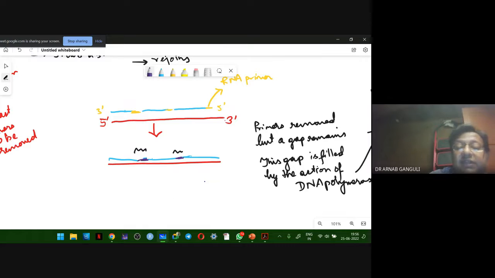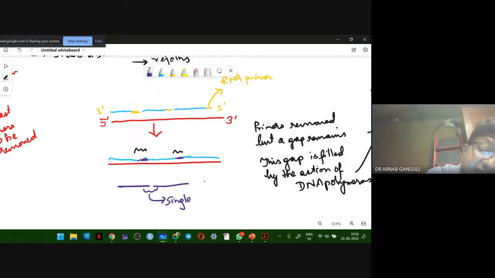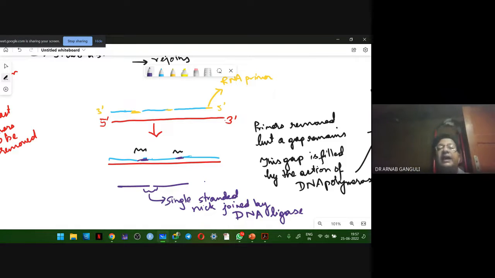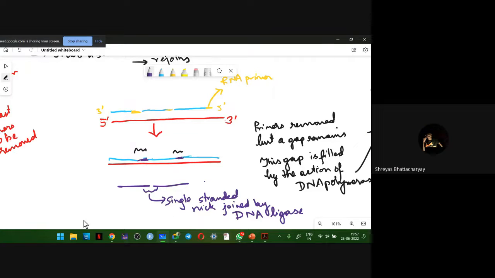This gap is filled, but still there will be a nick. Single-stranded nick, joined by DNA ligase. Clear? Yes, no? Yes, sir. Yes, sir. Okay.